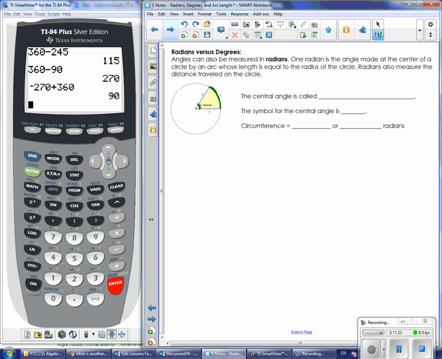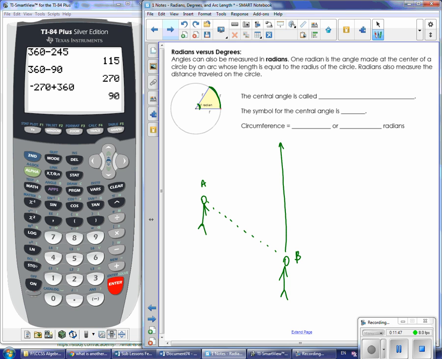Since I'm not here to actually demonstrate this with students, I want you to imagine two students. I'm going to have student A standing right here, and then I'm going to have student B standing right here. Student A is going to stand still and look at student B, and then student B is going to start walking.